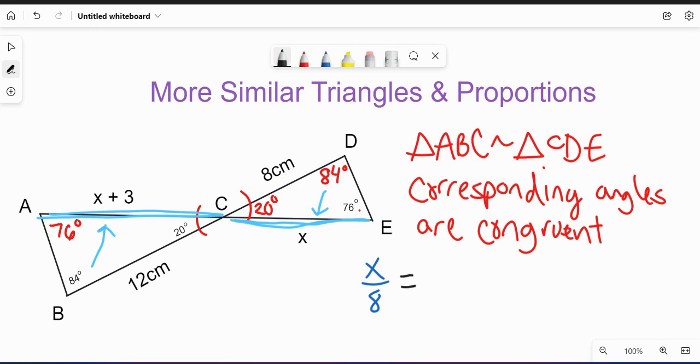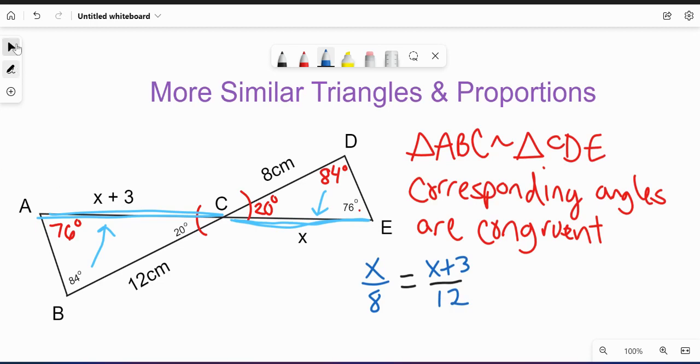Now, you have to be careful of the order. Since the X is across the 84 here, across the 84 here is X plus 3, so that has to stay up top. So this is going to be X plus 3 over 12.